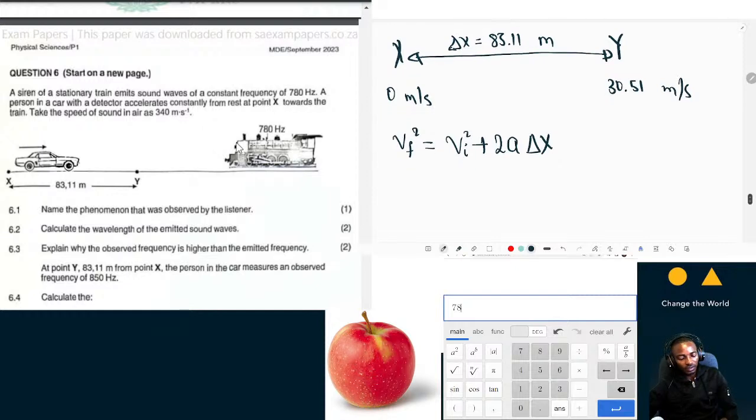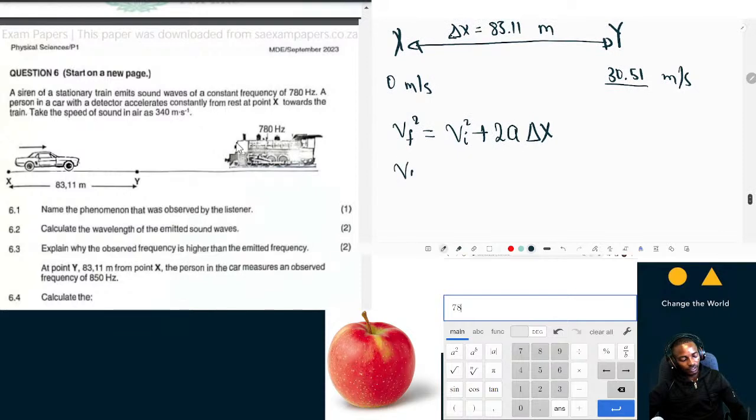So we know the final velocity is that one over there. Before we even substitute, let's just manipulate this. We have Vf squared, then we transpose this, so minus Vi squared, equal to 2a delta x.